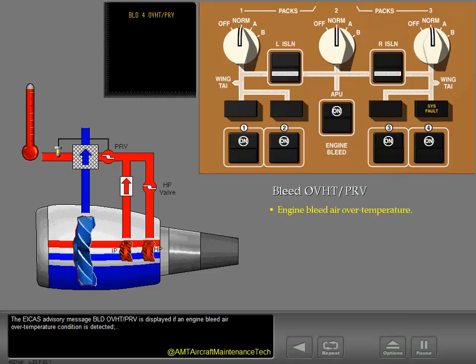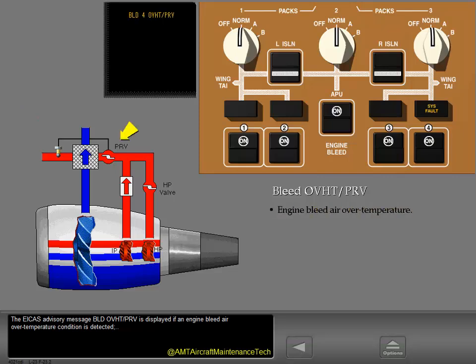The ICAS advisory message, bleed overheat PRV, is displayed if an engine bleed air over temperature condition is detected, or the respective pressure regulating valve fails in the closed position.